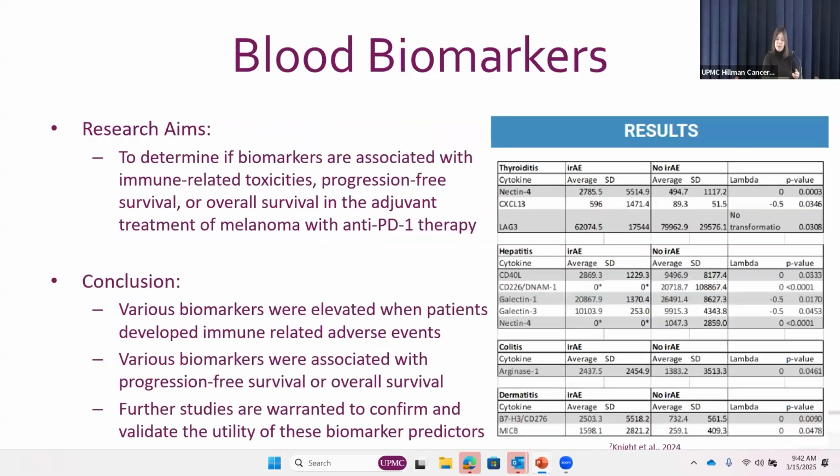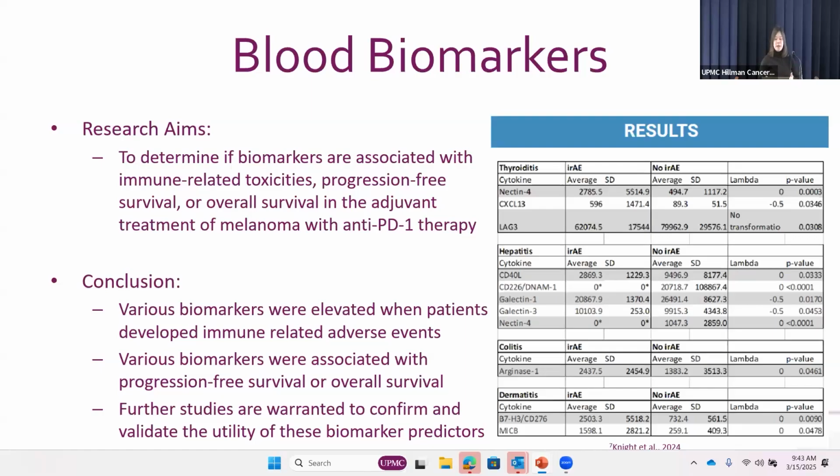We have an example of a study here from one of our tissue bank trials that used blood biomarkers. So this is one that I believe Dr. Kirkwood worked with. They were looking to see if biomarkers are associated with immune-related toxicity, as well as progression-free survival and overall survival in patients being treated adjuvantly with anti-PD-1 therapy.